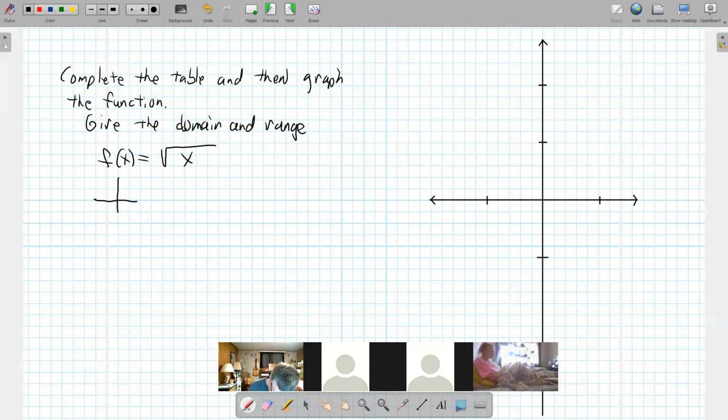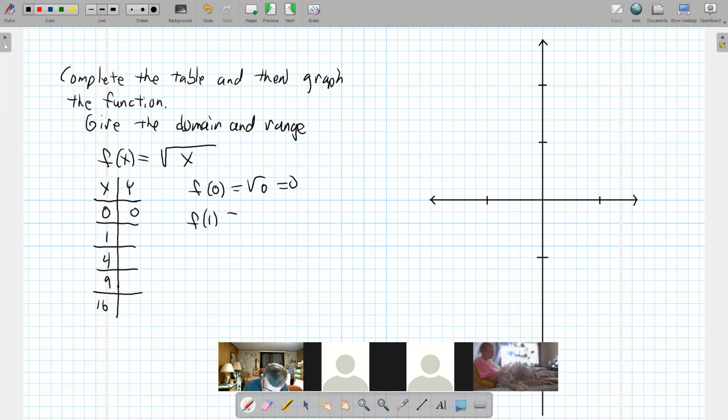Okay. Now, these table values are already given. Okay. 0, 1, 4, 9, and 16. So what we're going to do is take the x value. So basically we're going to find what f of 0 would be: the square root of 0, which is 0.